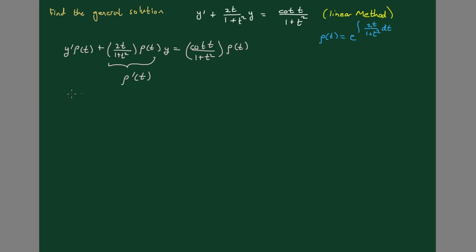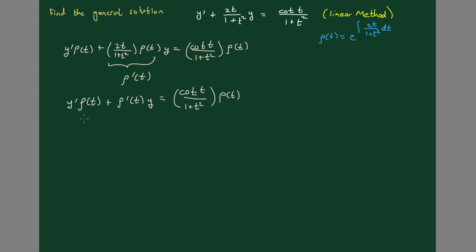We can rewrite this entire left-hand side as y prime times rho of t plus rho prime of t times y is equal to the cotangent of t divided by 1 plus t squared all times rho of t.